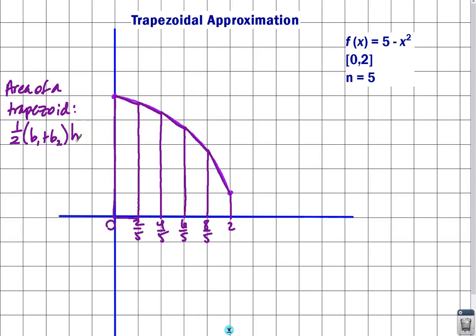So the area of this first trapezoid is going to be 1/2 times this height right here, which was f of 0 was 5, f of 2/5 was, I'm going to go ahead and write all these out so I have them. Nope, 109.